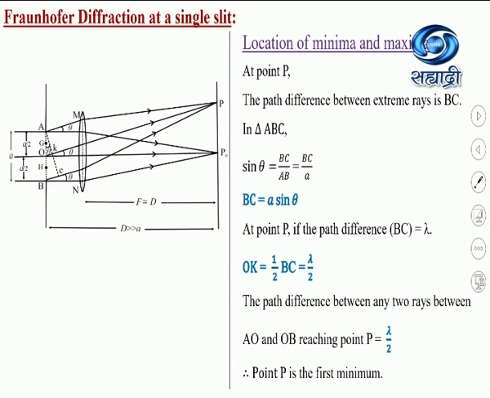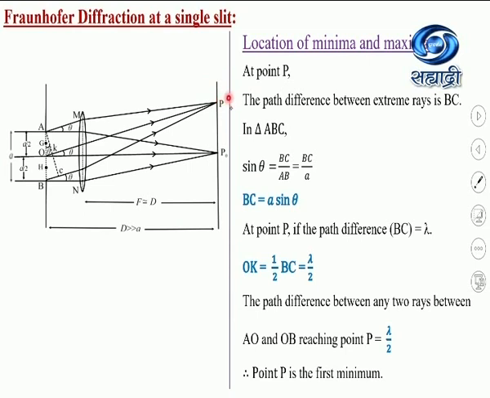Therefore at point P all the waves reaching from the different slit elements interfere destructively, or there is a dark point obtained at point P, or the surrounding region of point P is the dark region, or a dark fringe is seen around point P.